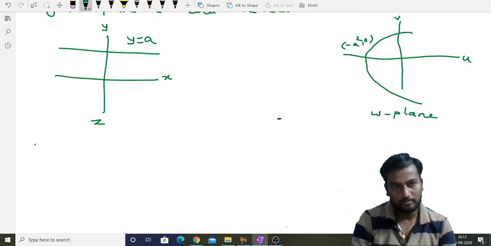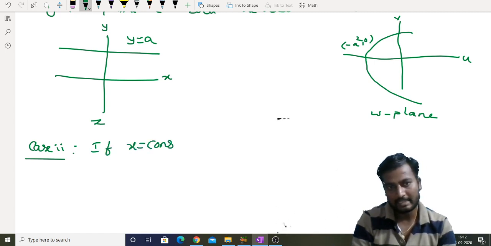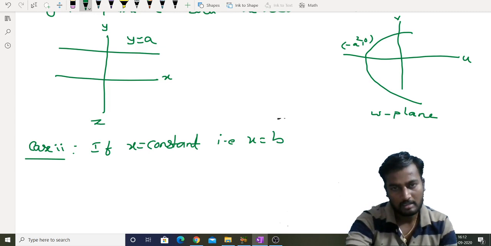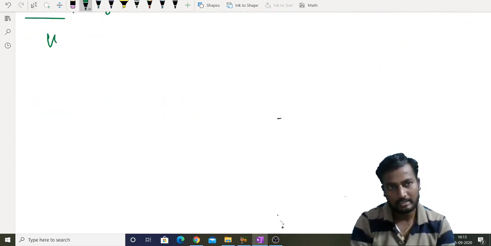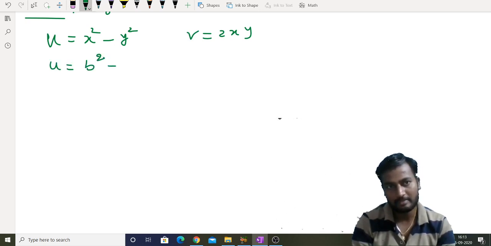Now case 2: if x equal to some constant b. So now what is u? u is nothing but x square minus y square. What is v? 2xy. Now we are taking x equal to b, so u equals b square minus y square, and v is 2by.